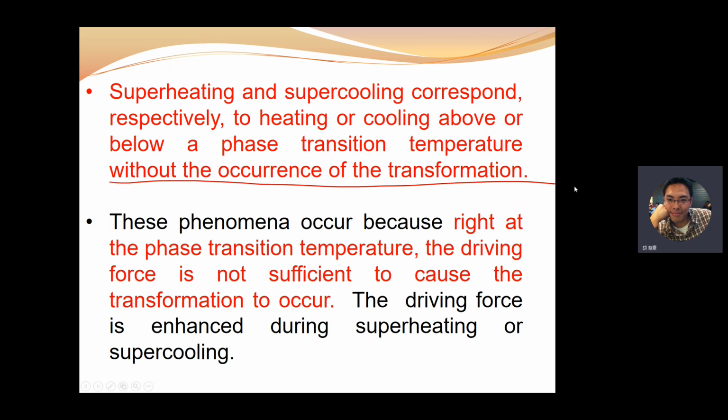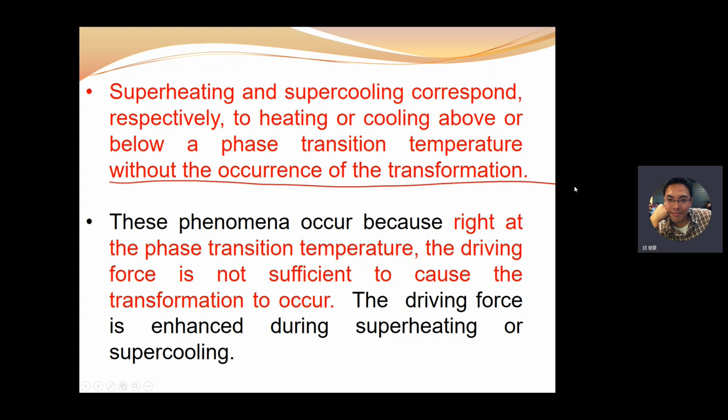Okay, so why do we need superheating or supercooling? Remember we mentioned the tin-lead binary phase diagram, and this transformation temperature is about 183. If we want to melt this alloy, this tin-lead solder, and we just heat up to 185, do you think there is enough driving force to melt this alloy?